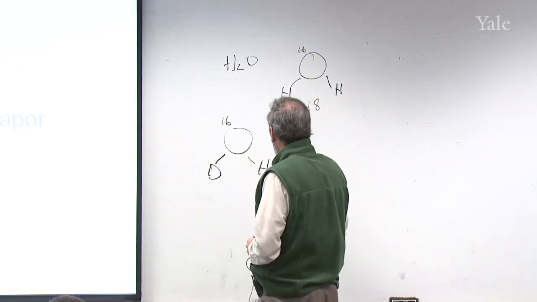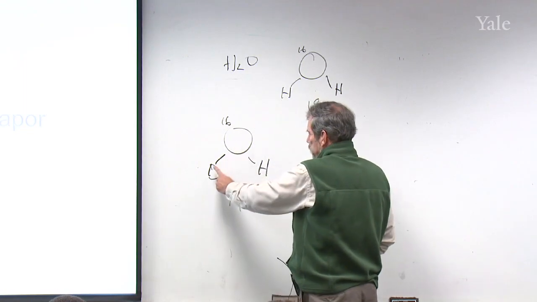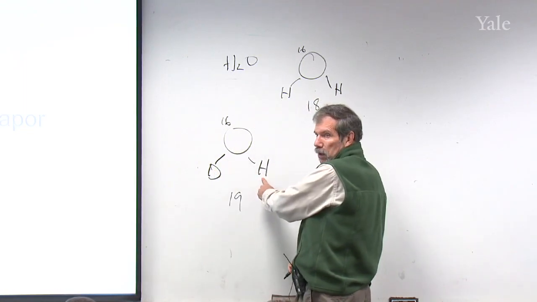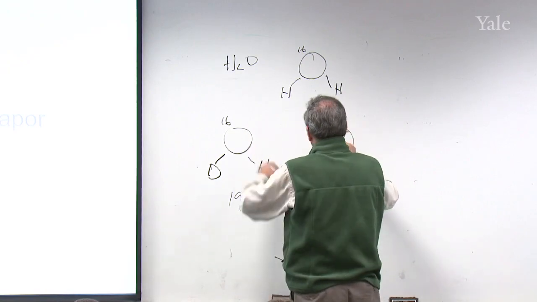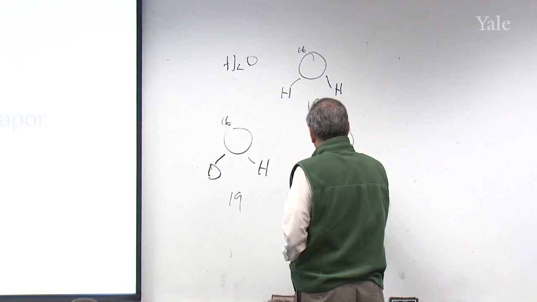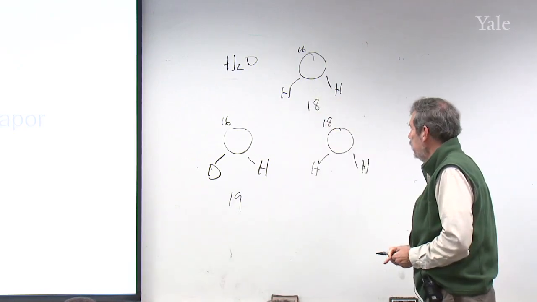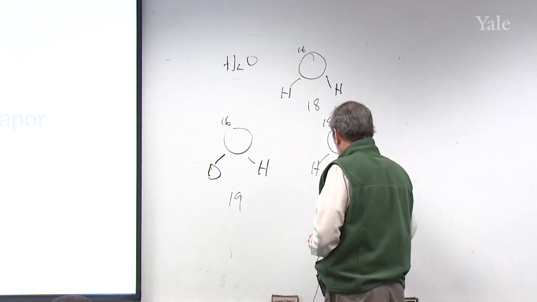This is going to have a mass of 19 because it's 16 plus 2 plus 1. And then the other one is where you replace the oxygen 16 with oxygen 18, but keep both of these as hydrogens. That's going to be 18, 19, 20. So that's going to have a mass of 20.